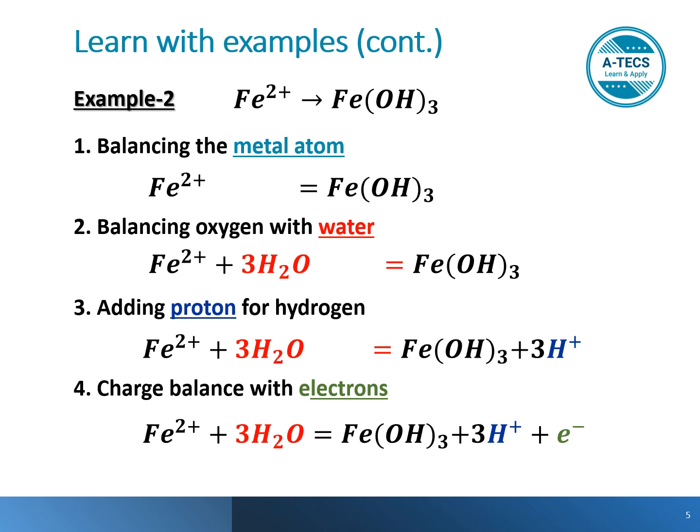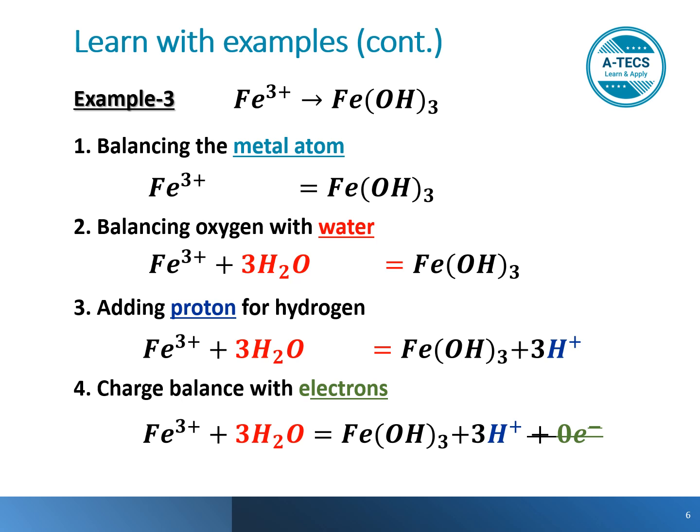So finally, you can clearly see at the bottom that the electrochemical reaction is an oxidation reaction in which ferrous ions are being oxidized to ferric hydroxide. By following these 4 steps, you were able to write a balanced electrochemical reaction.